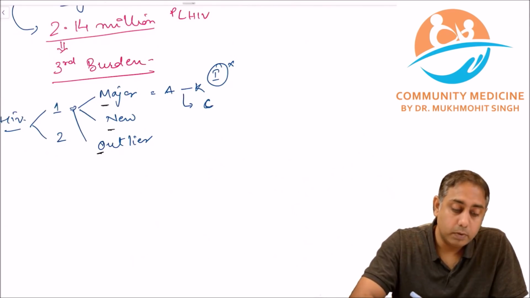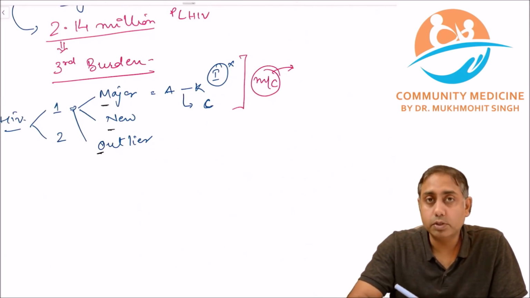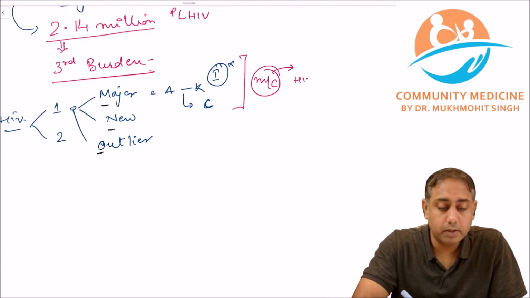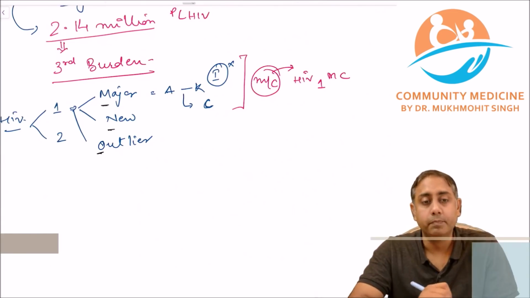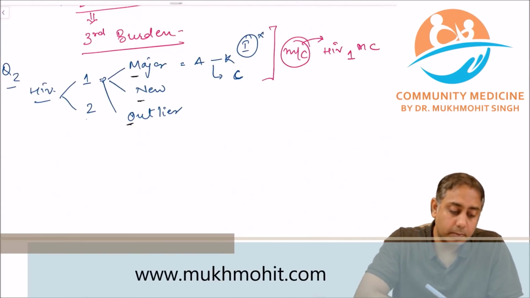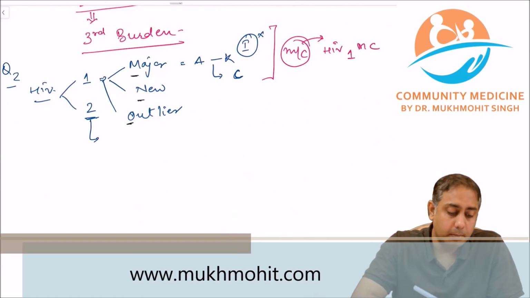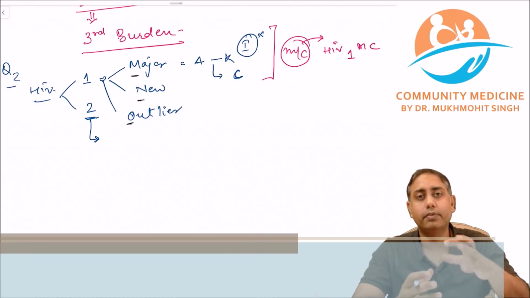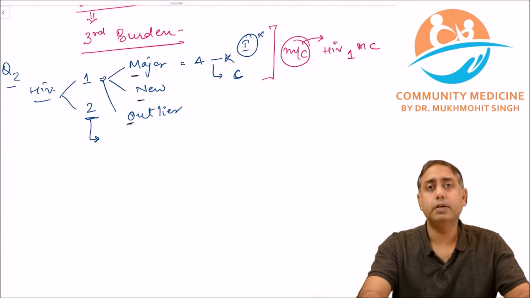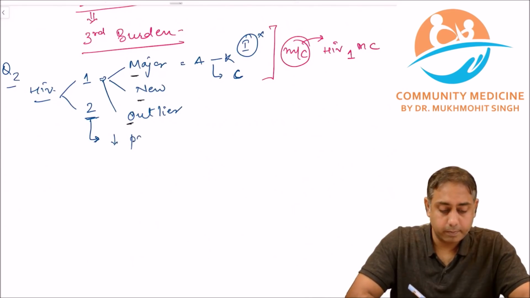MCQ: which is the most common type of HIV? Please remember, the most common type of HIV we encounter in India is HIV serotype 1, group M, subgroup C. So the most common is HIV-1 MC. HIV-2 is a single serotype, but you should know a few things about it. HIV-2 is slightly less pathogenic.